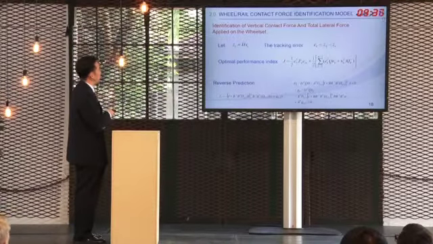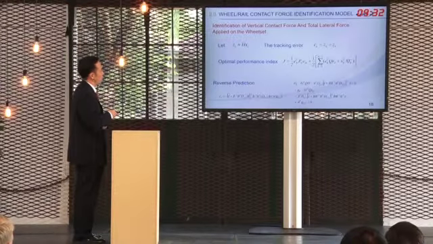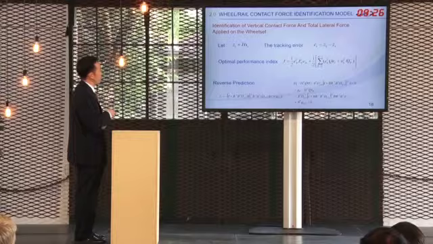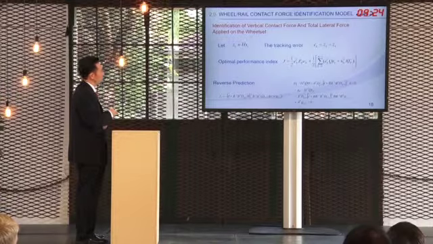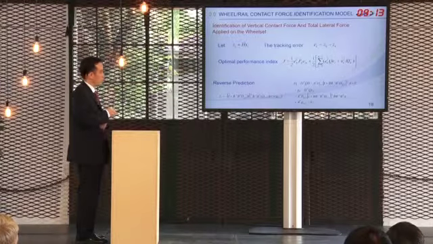Generally, we identify the vertical contact force and the total lateral force of the wheel set by minimizing the difference between the measured acceleration and the simulation acceleration. The simulation acceleration is from the state equation.